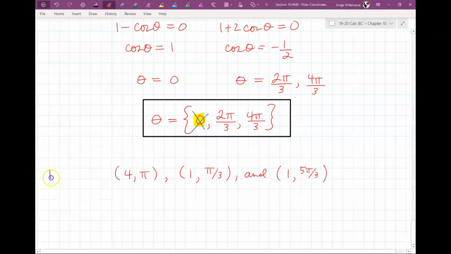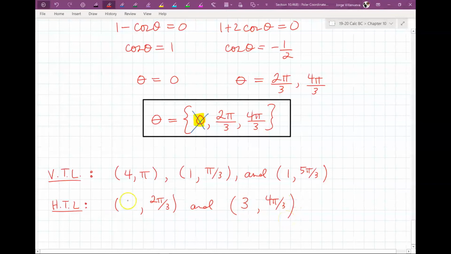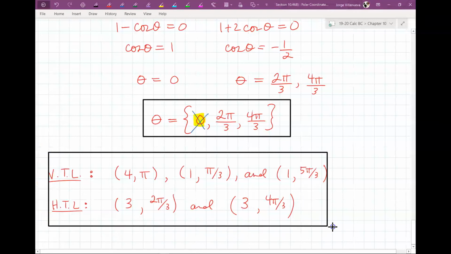These are the horizontal tangent lines. I'm sorry, vertical tangent lines. Horizontal tangent lines occur at 2 pi over 3 for the angle and 4 pi over 3 for the angle, and that's going to happen at 3 and at 3 here. So here's your solution for that problem.